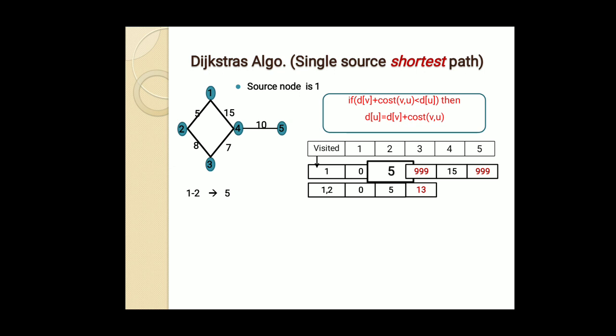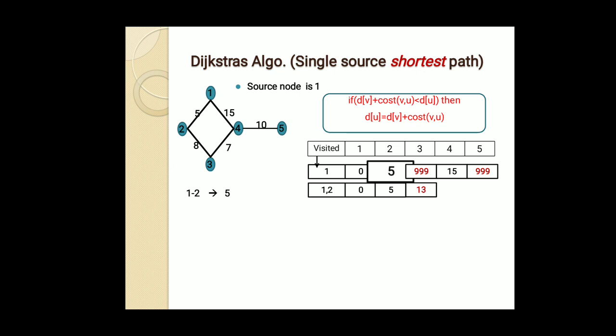As I was putting up, d of v would be 2 plus cost of v, which is 2 comma u, here node 3. Now from the previous list, we said v is the visited vertex.